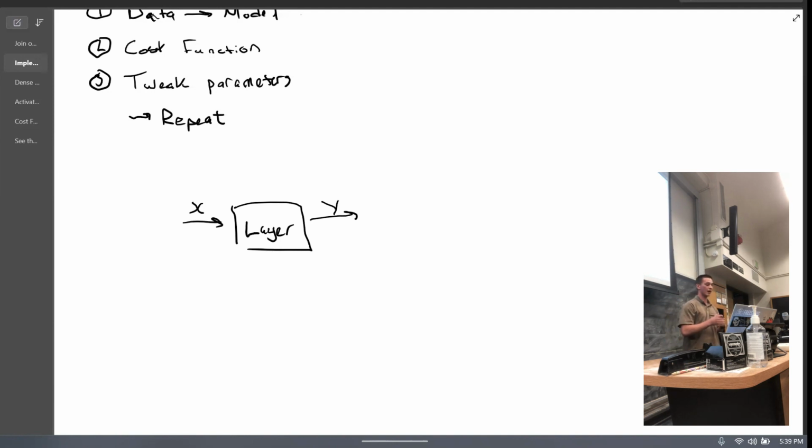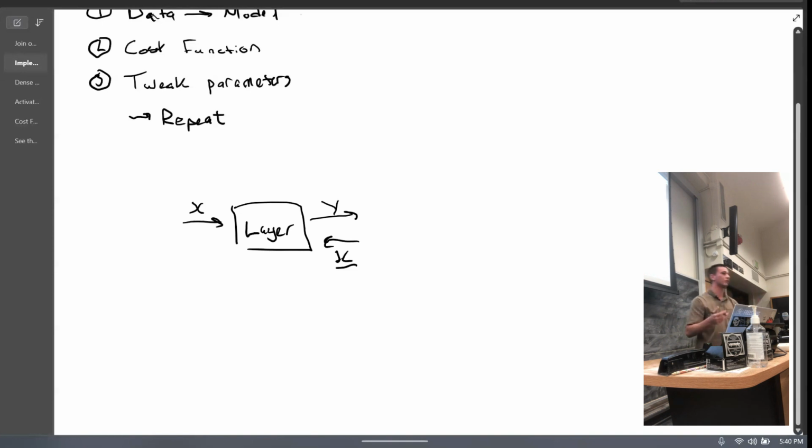And then after we get our output, we're going to measure the distance between our desired output and our prediction. And then we're going to pass that information backwards into our layer and use that to adjust our parameters. So we get our output y, and then on the way backwards, given our cost function c, we measure.